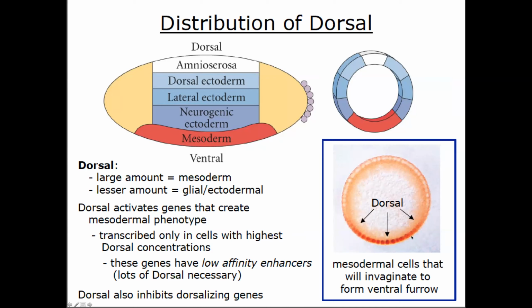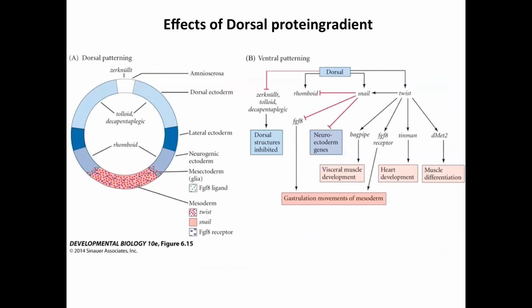But subsequent to these cells, the genes which have very high affinity enhancers are going to be seen here, because dorsal concentration is less, but since those genes have high affinity enhancers, they're going to be coming up in cells with low dorsal concentrations. So twist, snail, and rhomboid are going to be seen in all these cells.